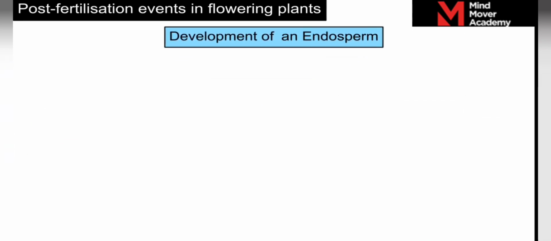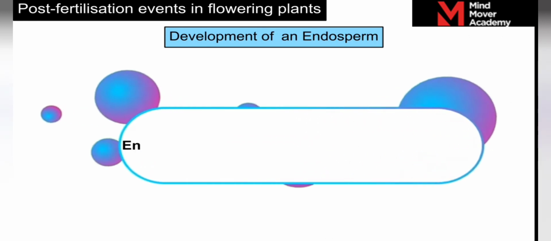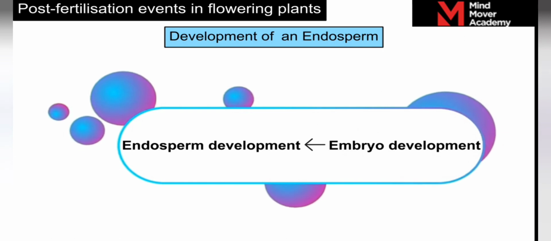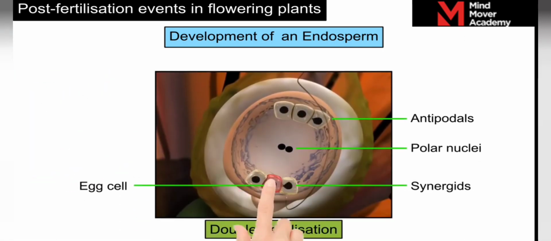Let's make a start with the first topic. Endosperm development precedes embryo development. We have seen how double fertilization takes place in our previous module. Once one of the sperms unites with the egg cell, a diploid zygote is formed inside the ovule, which lies inside the ovary.